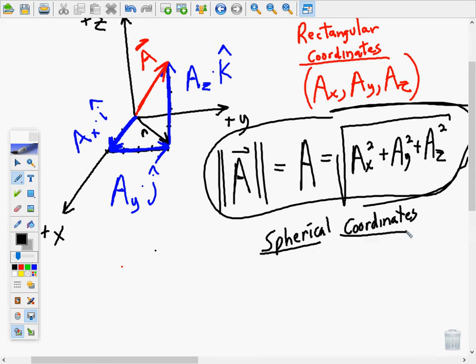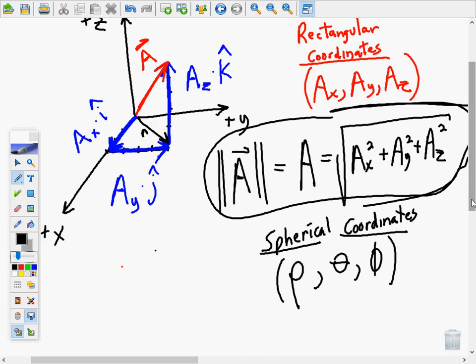If you want to describe vector A in terms of its spherical coordinates, the spherical coordinates are rho, theta, and phi.